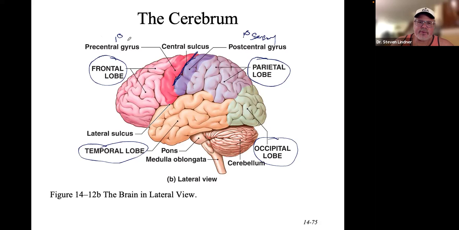The precentral gyrus is your primary motor area. Remember, this is where your homunculus is, that very weird, distorted diagram of the person that has very large eyes, lips, tongue, fingers, hands, and feet.